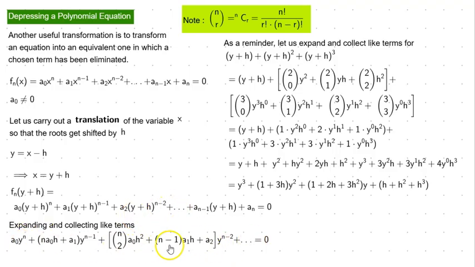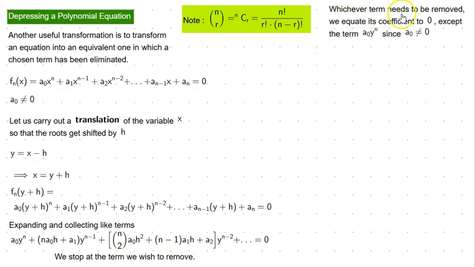So we go only up to that term which we are interested in. So we stop at the term we wish to remove. Now, whichever term needs to be removed, we equate its coefficient to 0, except the term a sub naught y to the power of n, since a sub naught is not equal to 0.